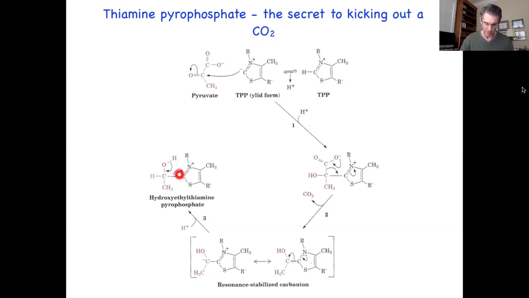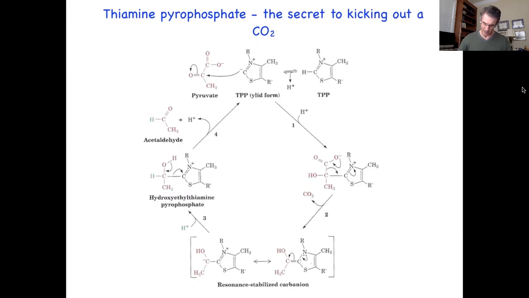We now split this bond, which regenerates the ylide form of TPP, which can again be reprotonated to form TPP in the active site of the enzyme and release acetaldehyde, right? Okay, so that's basically the strategy you would need to use in order to decarboxylate an alpha keto acid, right? Okay, what is the second step of alcoholic fermentation?